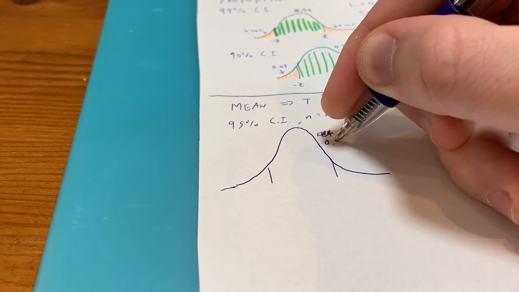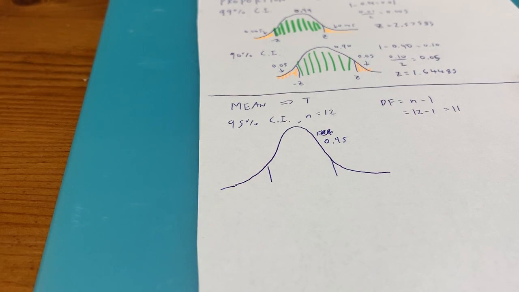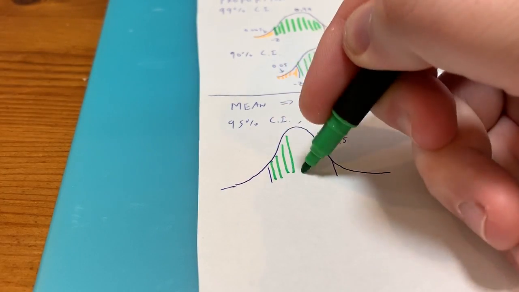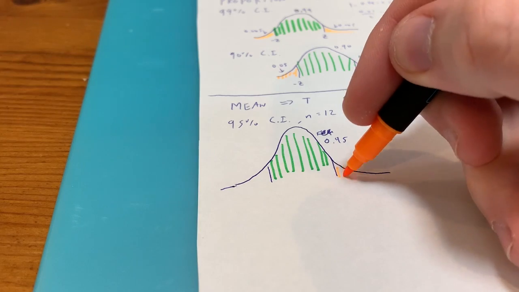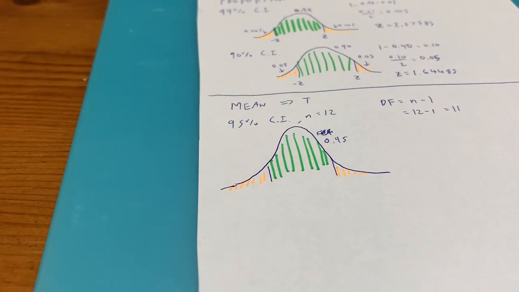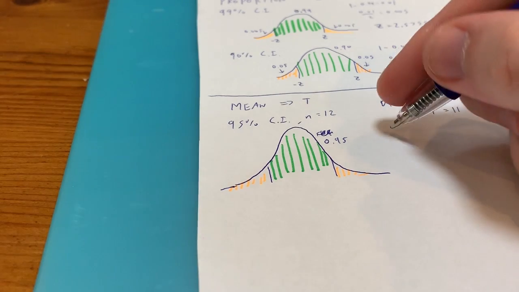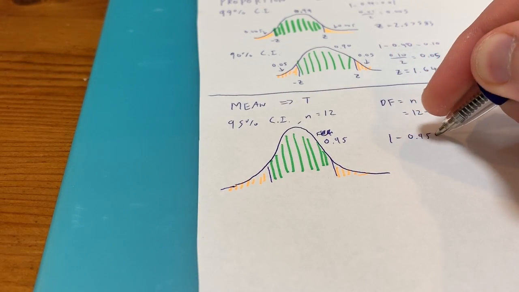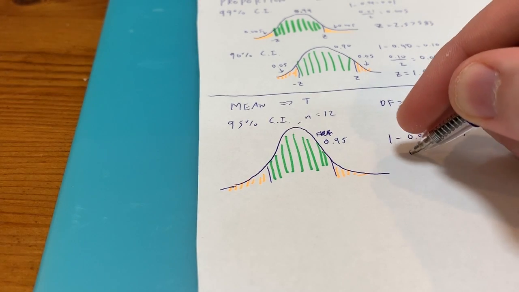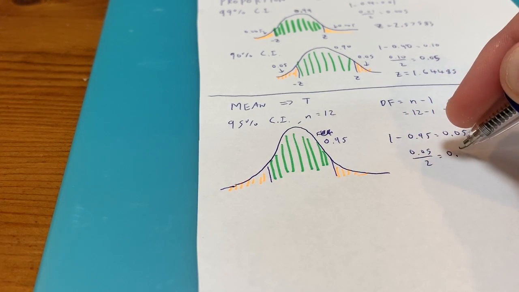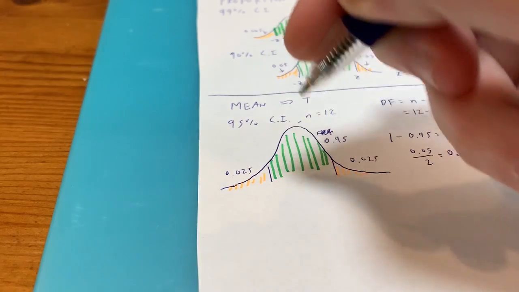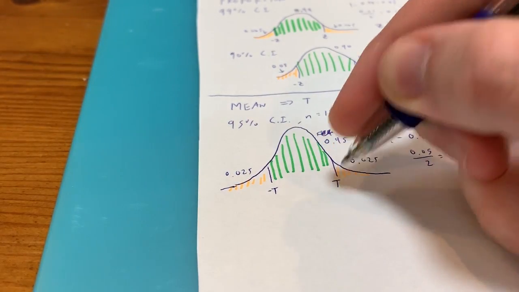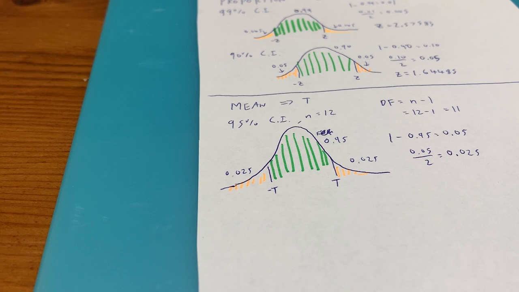And then the upper and lower tails are going to have half of what is left over each. So doing the math here, we've got 0.05 left over, and half of that is 0.025. That's the amount that goes in both the tails. And this time we draw a negative and positive t, because it's the t-distribution, and now we need to go to our graphing calculator to find out what value that is.